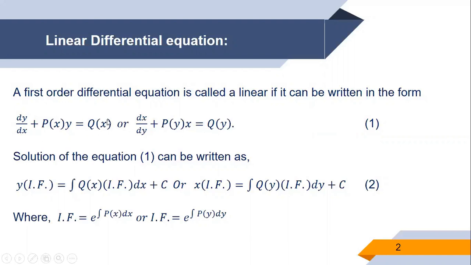So this is a linear form, and this is also a linear form. In the first equation, y is the dependent variable and x is the independent variable. Here x is the dependent variable and y is the independent variable.